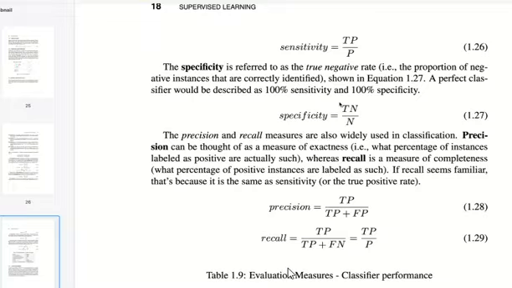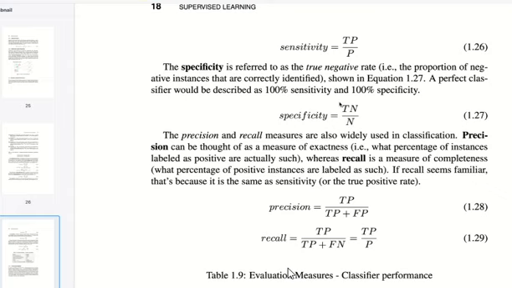Similarly, if you want to identify the true negative rate, that means true negative divided by n, which represents the specificity, how many negative examples are correctly classified. That is called true negative. True negative divided by n.